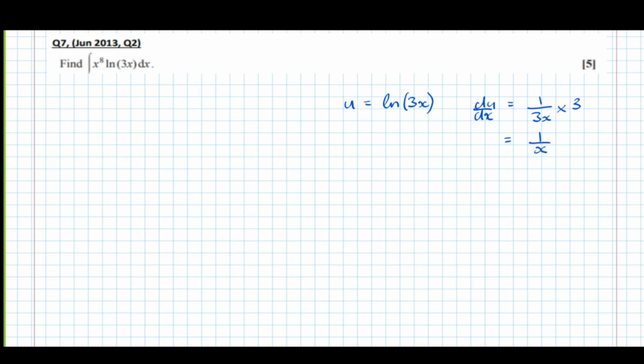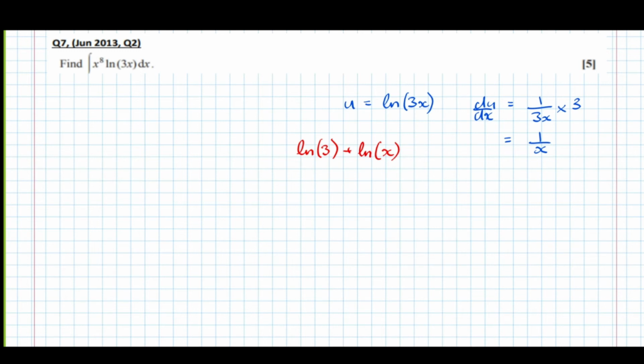Just on a side note, it's difficult to imagine why log of 3x has the same gradient function as log of x. So log of x differentiates to 1 over x as well. The reason for that, hopefully I can convince you of it this way: log of 3x, if we use the addition rule for logarithms, is log of 3 plus log of x.